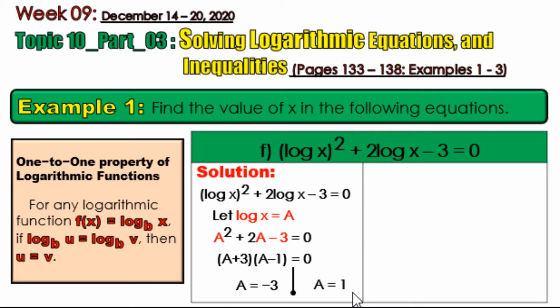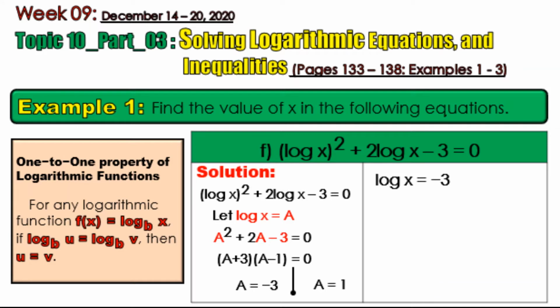But remember, we are solving for the value of x. This is not yet the value of x, but the value of a. Your a is equal to the logarithm of x, so we still need to solve for x.